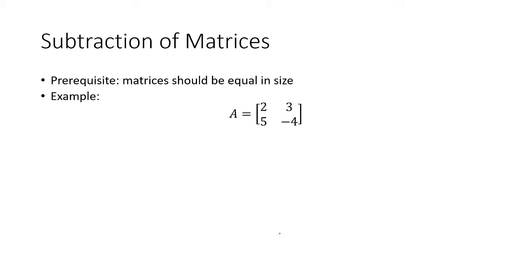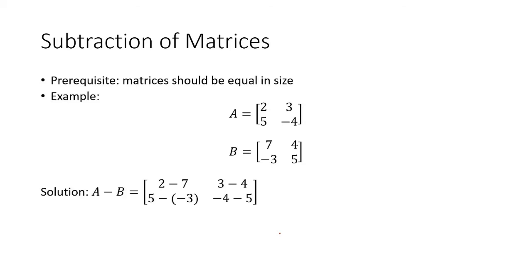So, bayad ka sa example na A o kaning B. So, subtraction na lang. A minus B is equals to 2 minus 7, which is this one. Then 3 minus 4, this one. 5 minus negative 3 is this one. Negative 4 minus 5 is this one.